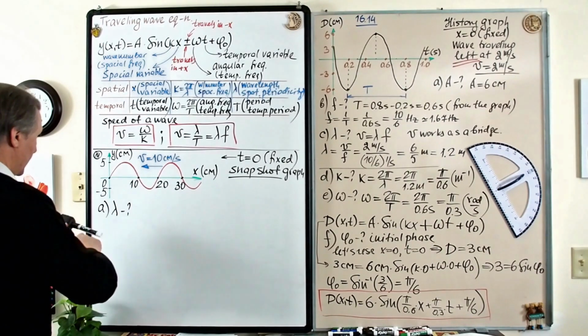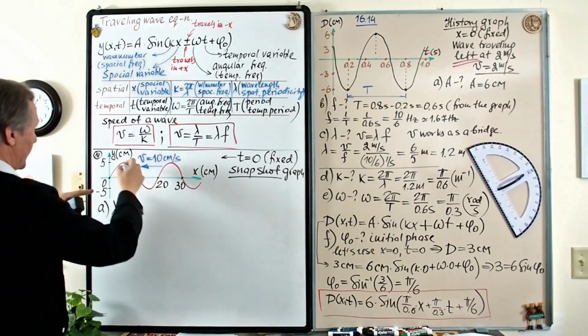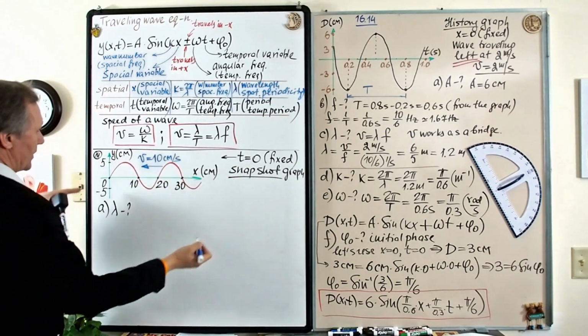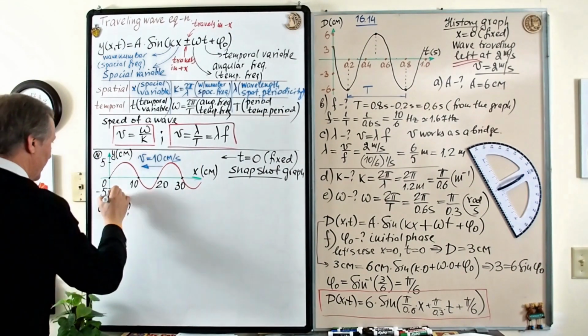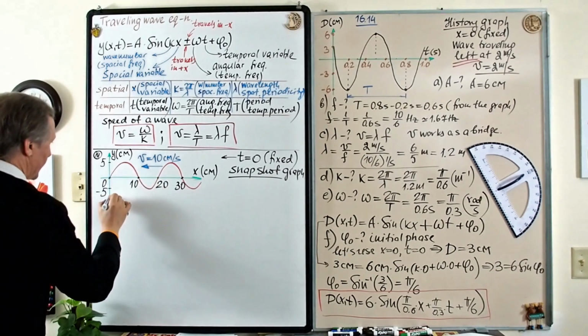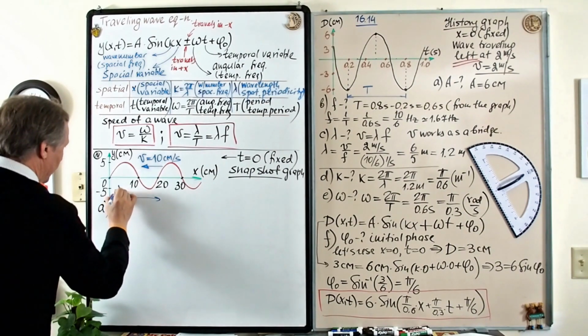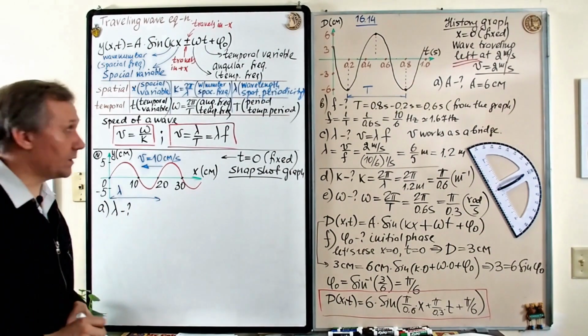Where is the wavelength? It's of course between these crests, for example. I don't have space over there, so let me show it over here. The distance between this and this point will be my lambda.